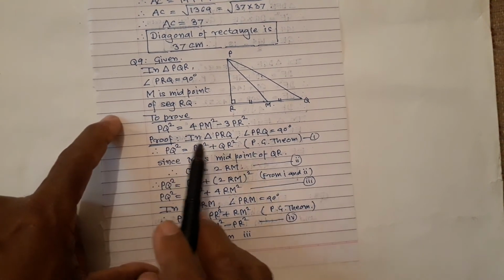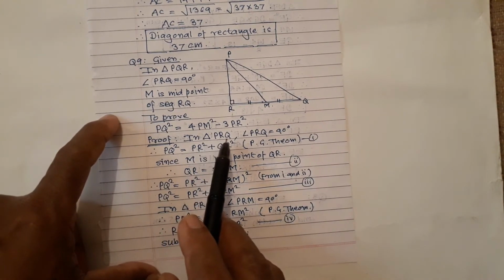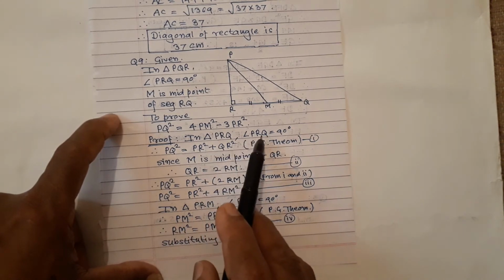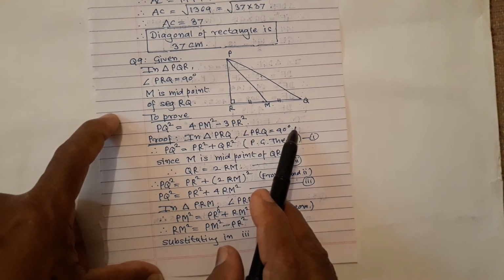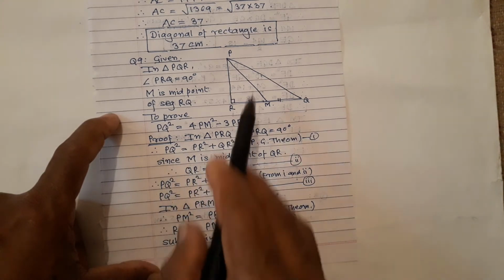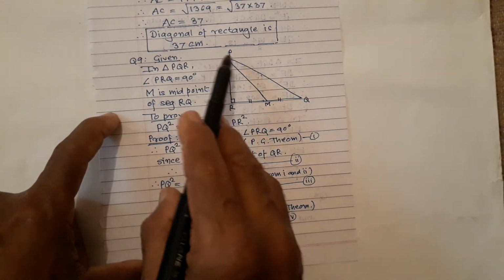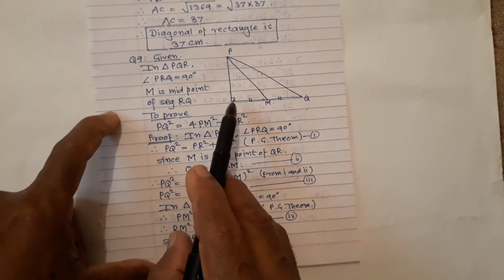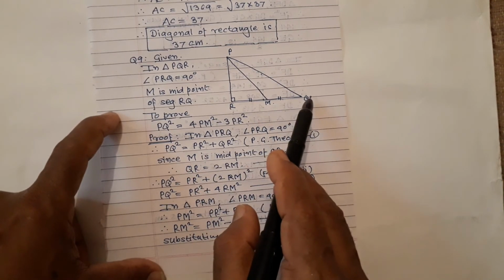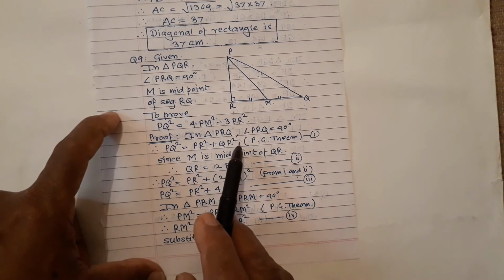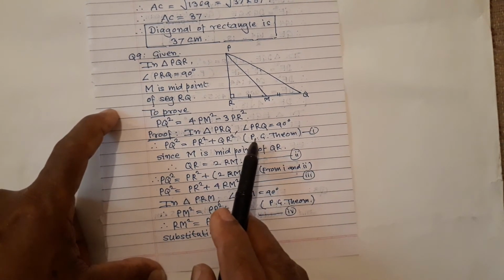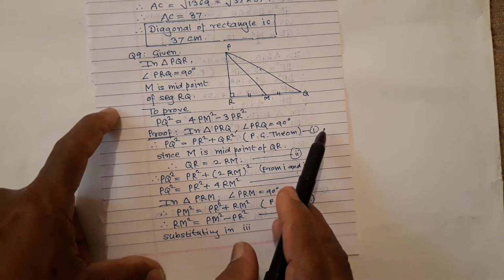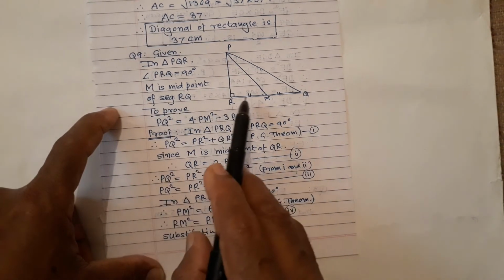Proof. In triangle PRQ, angle PRQ is equal to 90 degrees, and therefore, in this large triangle, PQ square is equal to PR square plus RQ square, or QR square. Reason, Pythagoras theorem. Suppose this is your statement number 1. Then what is given?